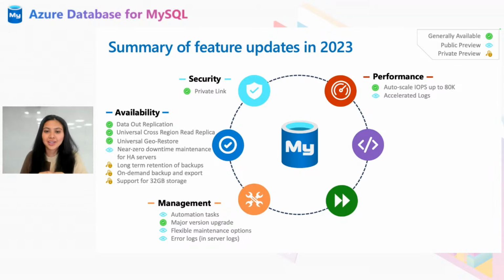And the second most important and cool feature that we released was accelerated logs, with which you could see up to 2x performance enhancements at no additional cost. With this feature, we also see a significant performance and price performance enhancement over AWS RDS, Aurora, and Google Cloud SQL for MySQL, about which I'll talk again in another couple of minutes.